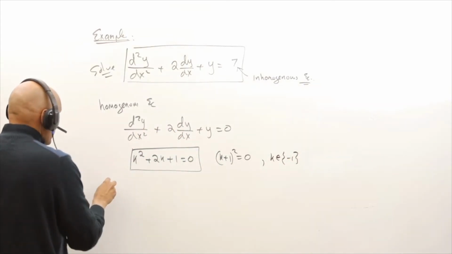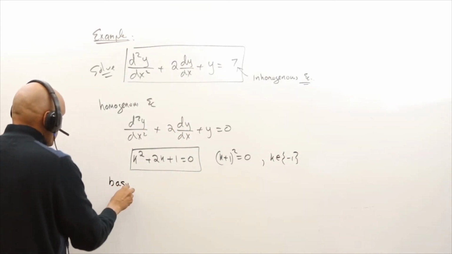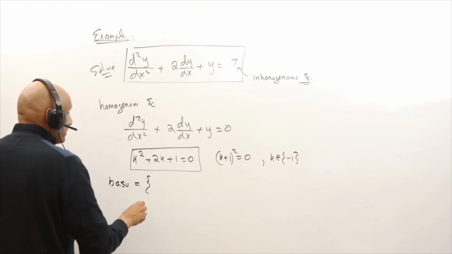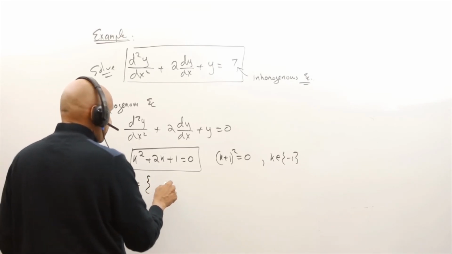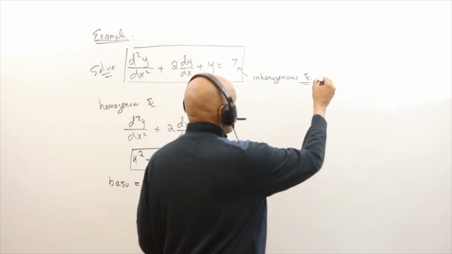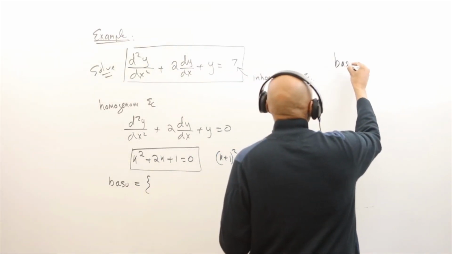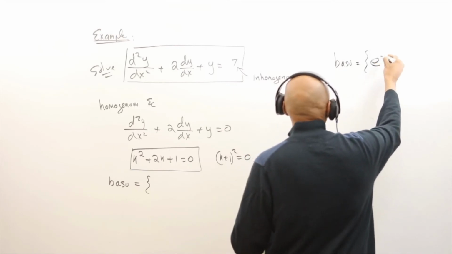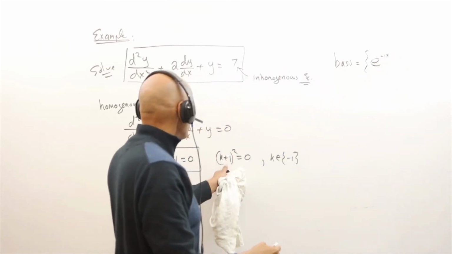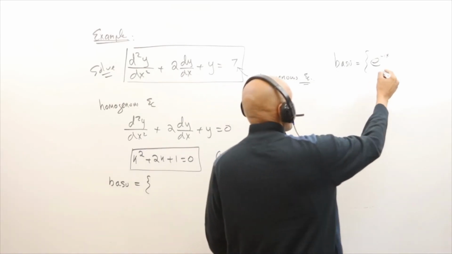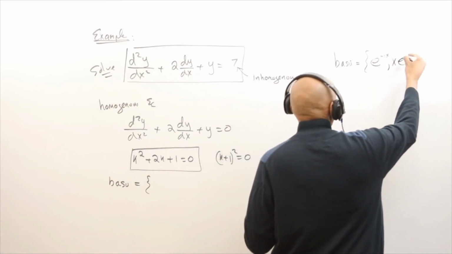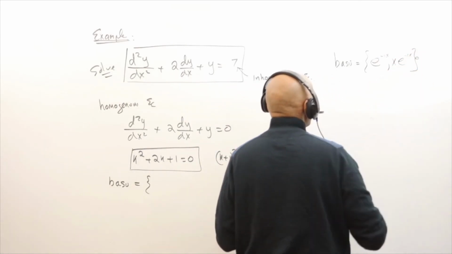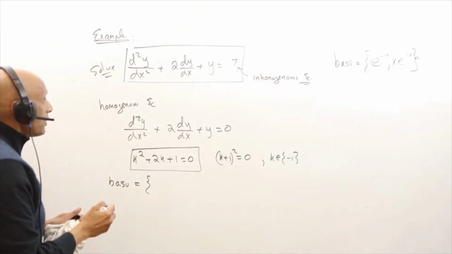So our basis vectors are going to be equal to, actually let me write it over here. So our basis vectors are going to be equal to e to the minus 1x, but since the root is repeated, right, it's of order 2, we have to pump in an x, so this is really x e to the minus 1x. So these are our basis vectors for the homogeneous solution.